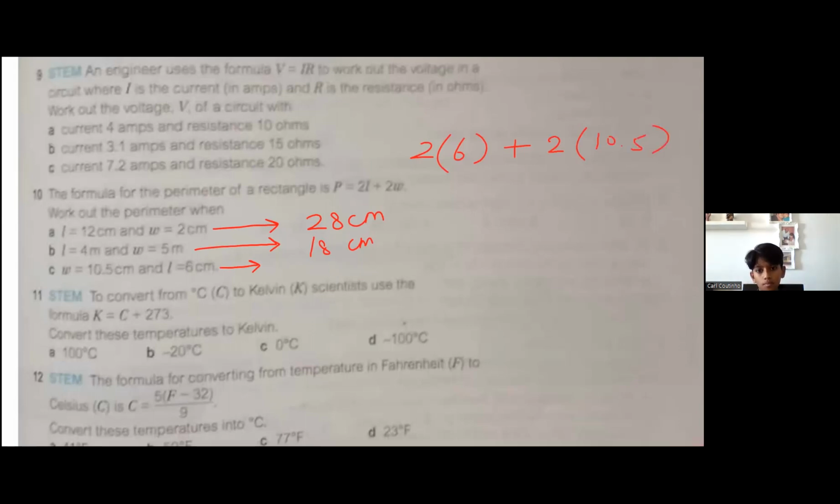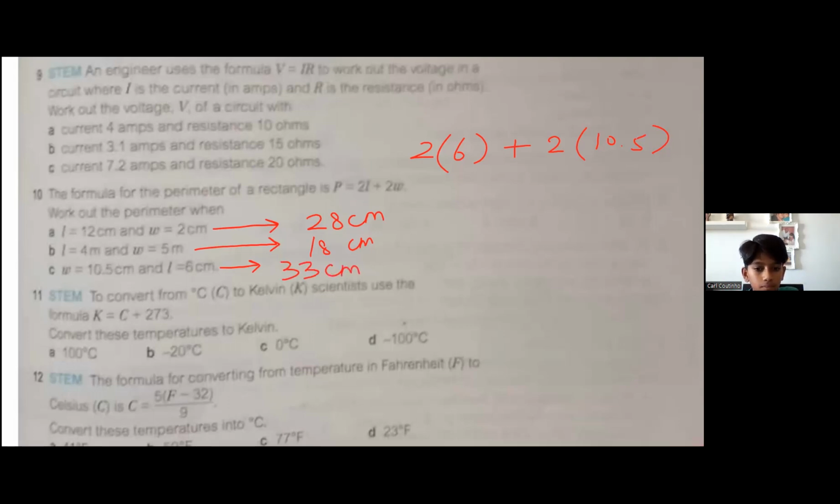Solve it. 33 centimeters. Yes, that's correct. 33 centimeters. Good.